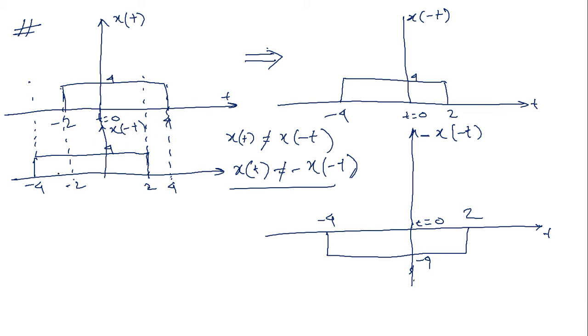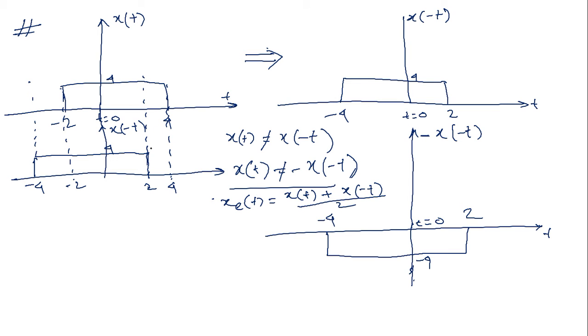Now I am estimating the x even of t. So x even of t is x of t plus x of minus t, divided by 2. Now if I add both and divide by 2: 4 plus 4 is 8.